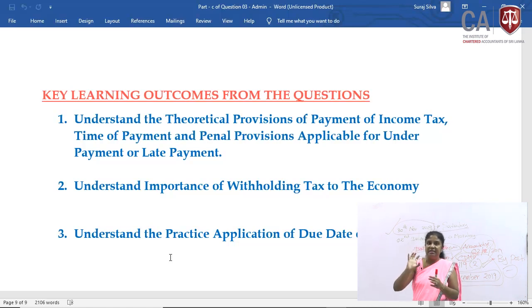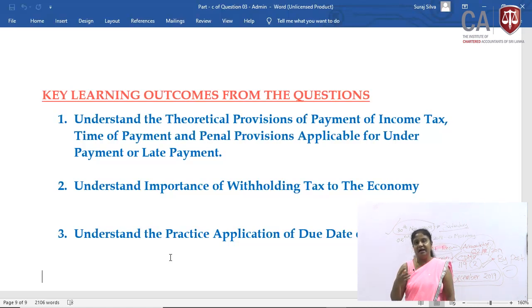But if it is a weekend or the IRD is not open to the public, then there is an advantage for the taxpayer to file on another day as specified in section 119.